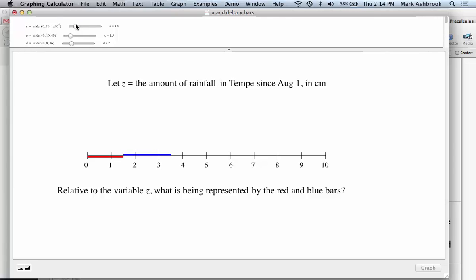Right there. Okay, now explain the whole situation to the person next to you. What is this whole situation showing? Go. What is this whole thing showing?